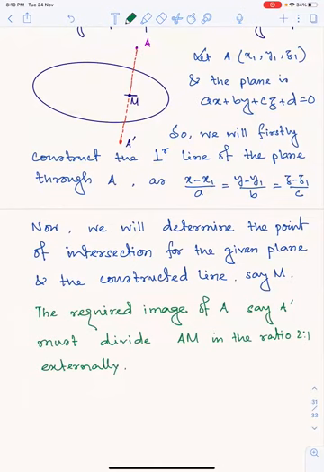This also has given us the way to get the minimum distance of a point from a plane. This AM is the minimum distance of the point A from the plane.